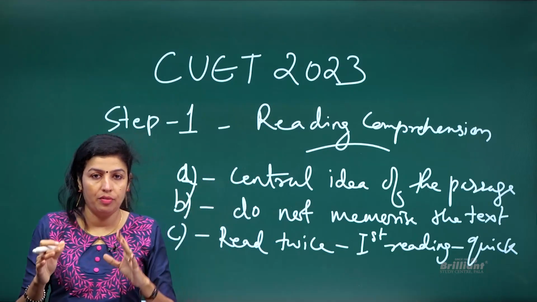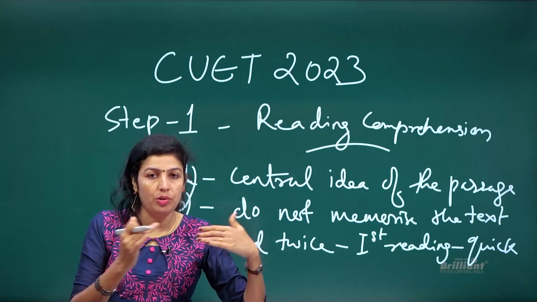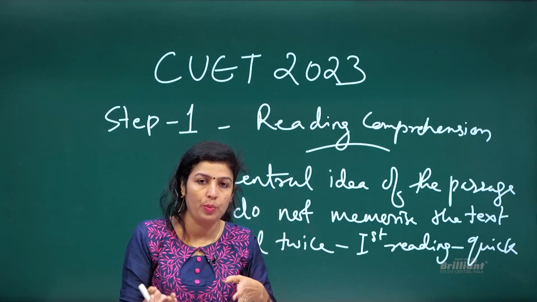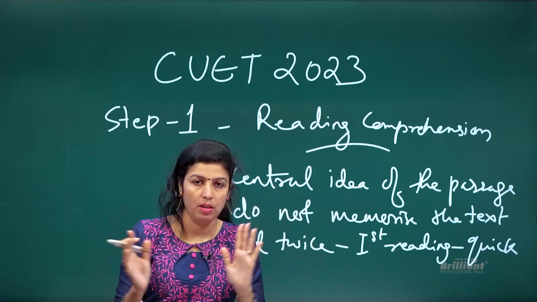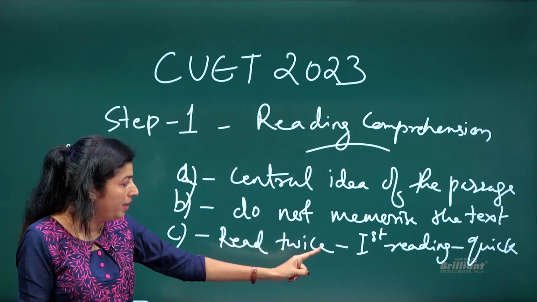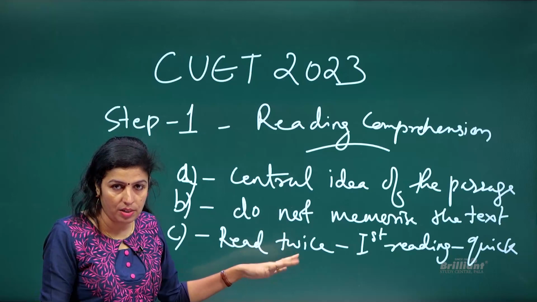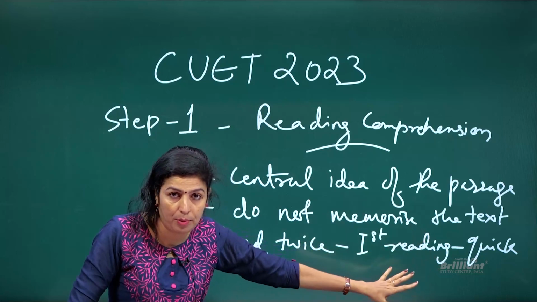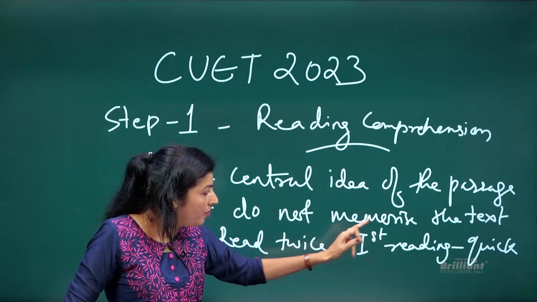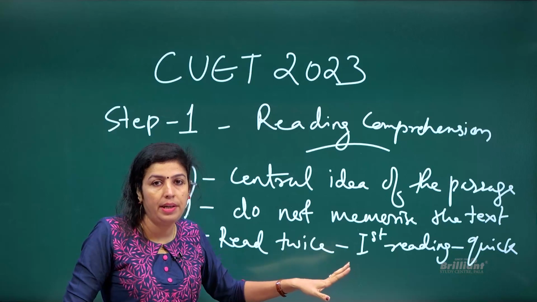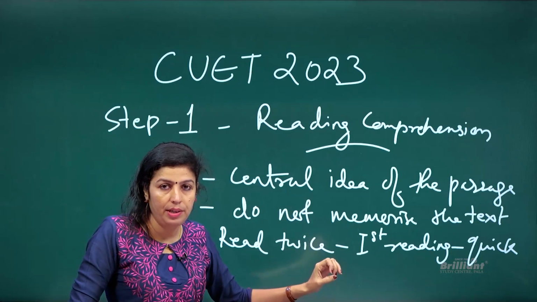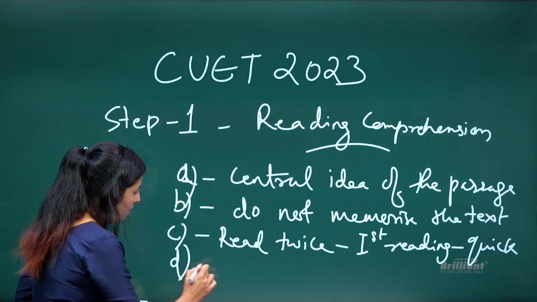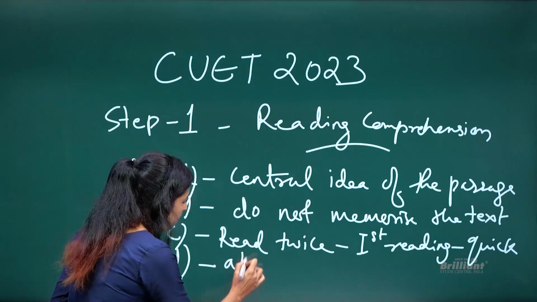Sometimes after a quick reading of the passage, when you try to solve a few questions, you may find that you will be able to solve at least 2 or 3 questions out of 10, however tough the passage is. So the first reading should be a quick reading, not very elaborate, because we do not have that much time. And then at the time of the second reading, things will be more clear to you.